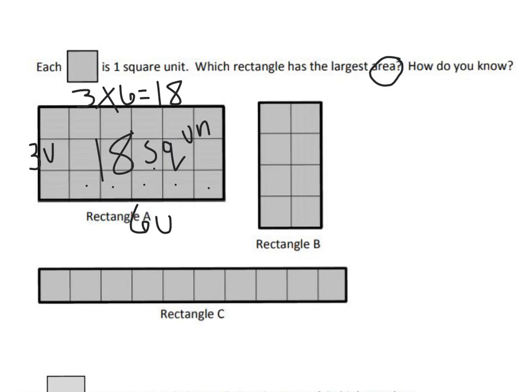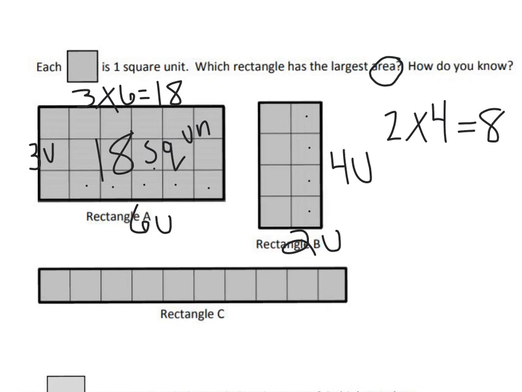In rectangle B, I see there's 2 units that go across and there's 4 units that go up and down. So I could make that into a multiplication sentence. 2 times 4 equals 8. So I know that the area of this rectangle would be 8 square units.